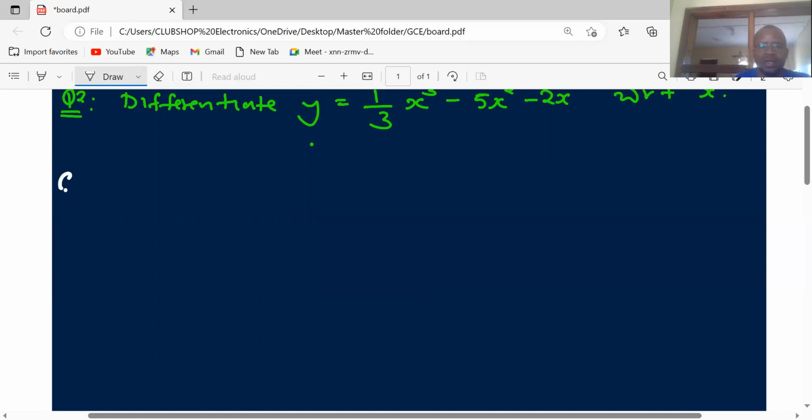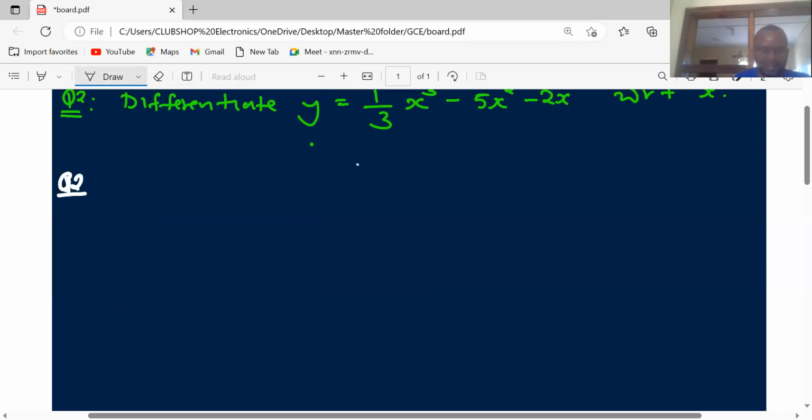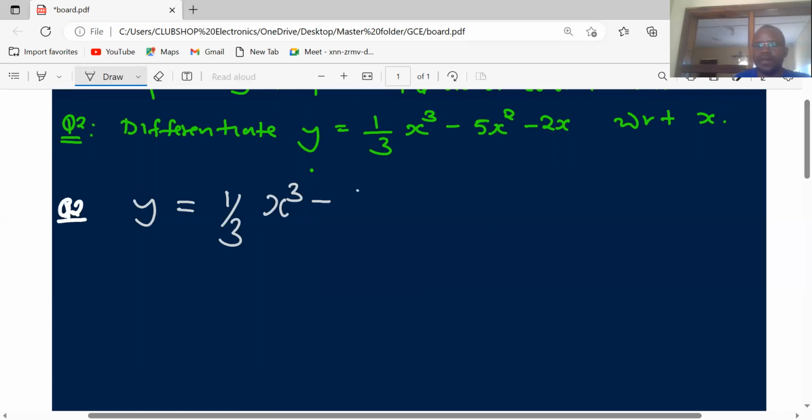Okay, let's look at the second question. The second question demands that we differentiate y, which is equal to 1/3 x to the power 3 minus 5x squared minus 2x with respect to x. So to differentiate, that means we need to find the derivative or differential coefficient. So we differentiate y with respect to x, which is dy/dx.